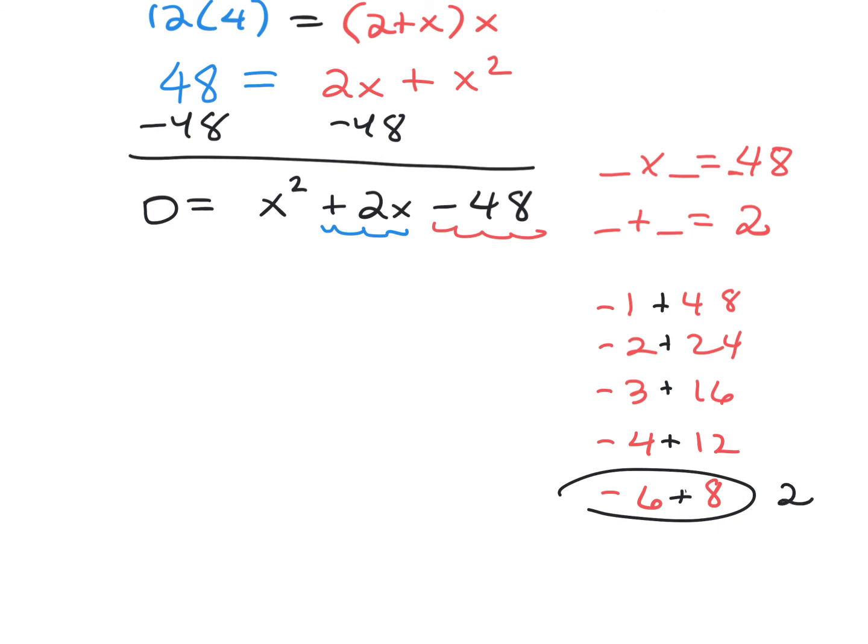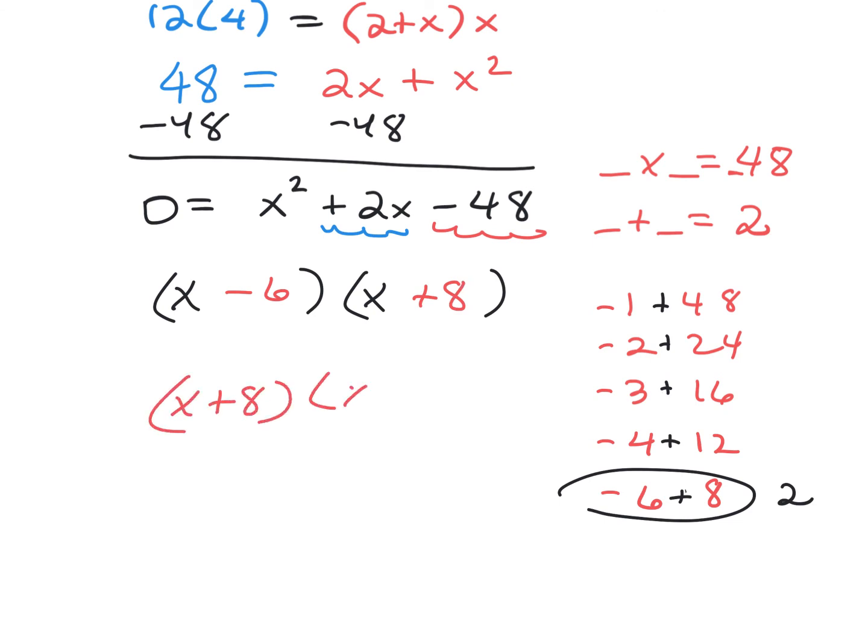So now I write my answer as two binomials. The factors of x squared go here, and the factors of the negative 48 go here. It doesn't matter if you write x plus 8 first or x minus 6 first. They both FOIL and give us the same answer.